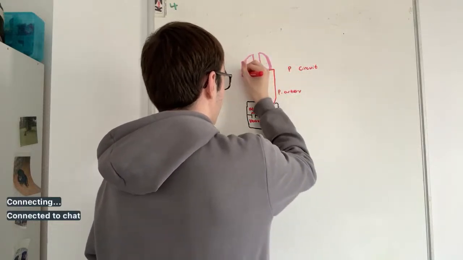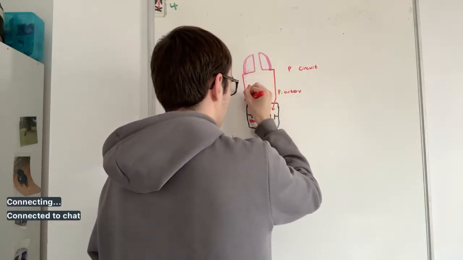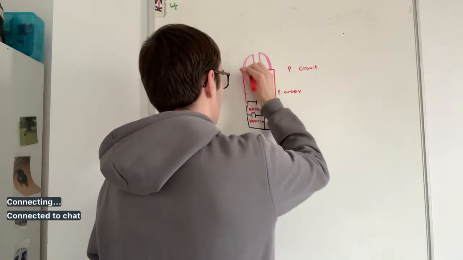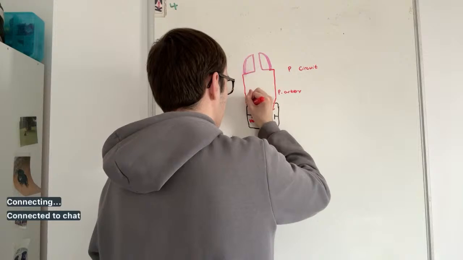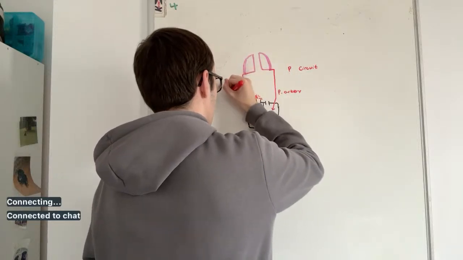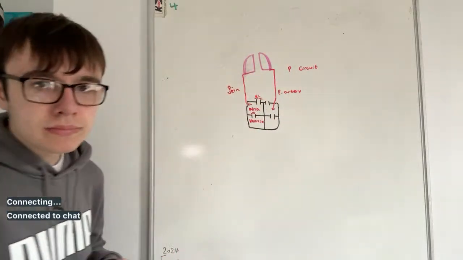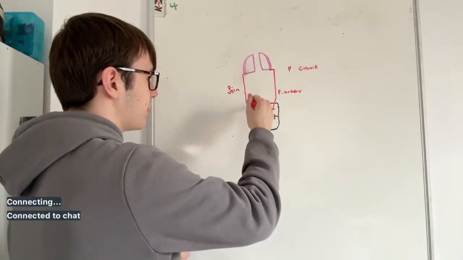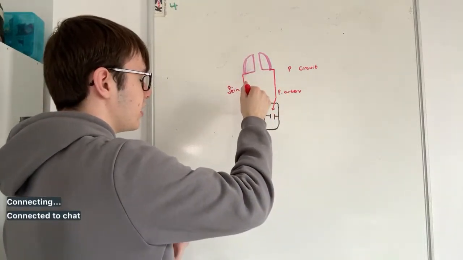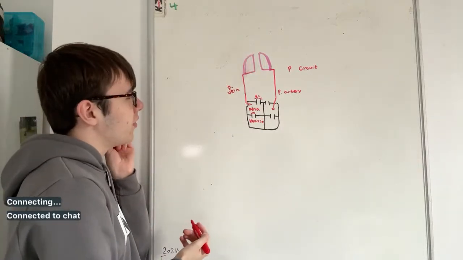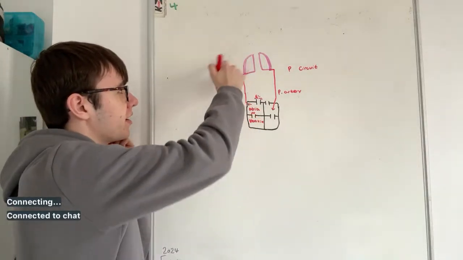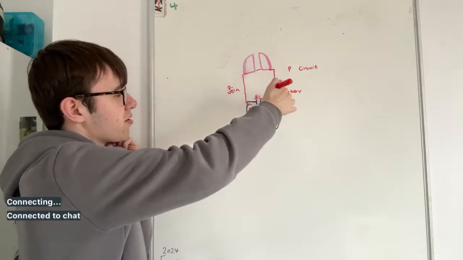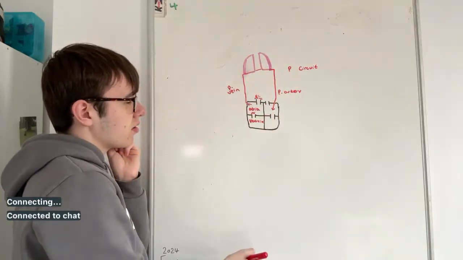Your pulmonary vein, so basically the pulmonary vein will take the, oh my god, hold on, how have I forgotten this already? Pulmonary vein into the lungs, and then your pulmonary artery goes back into the heart.